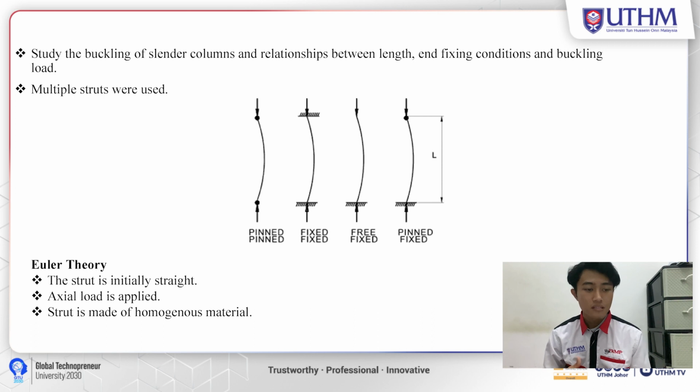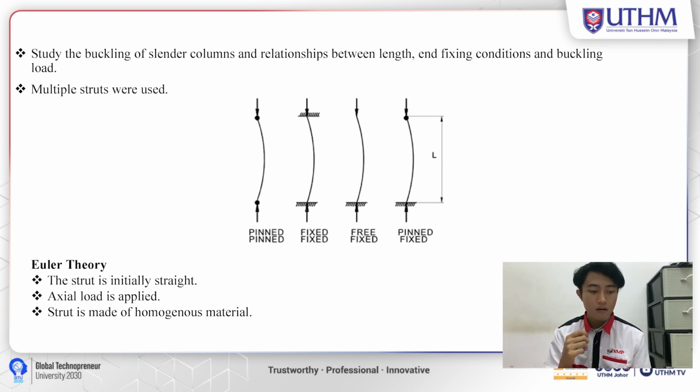In this lab, we study the buckling of slender columns and the relationship between length, fixing conditions and buckling load. Multiple struts of different lengths were used, with end fixing conditions of pin to pin, fixed end to fixed end, and pin end to fixed end.